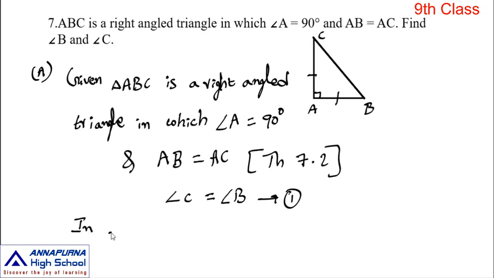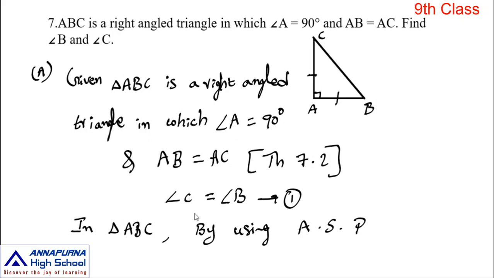In triangle ABC, by using the angle sum property, ASP. What is the meaning of ASP? Angle sum property. What is the statement of the angle sum property?